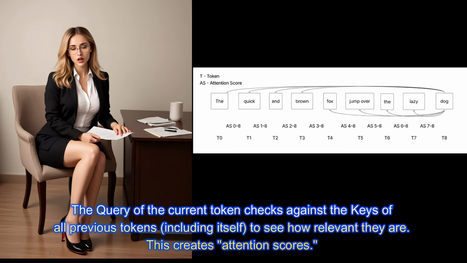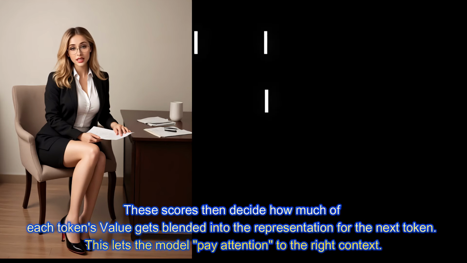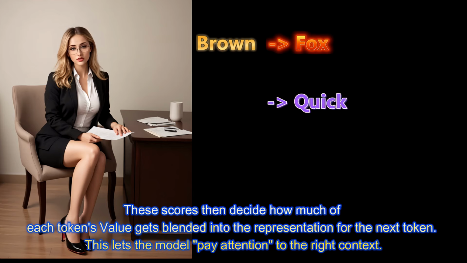The query of the current token checks against the keys of all previous tokens, including itself, to see how relevant they are. This creates attention scores. These scores then decide how much of each token's value gets blended into the representation for the next token. This lets the model pay attention to the right context.